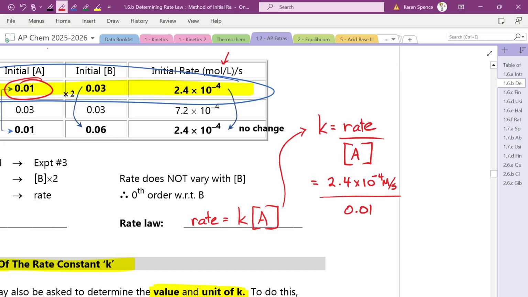And the unit for concentration of A is? What's a unit for concentration? Molar. There we go. Look at that. Our molar is going to cancel out.